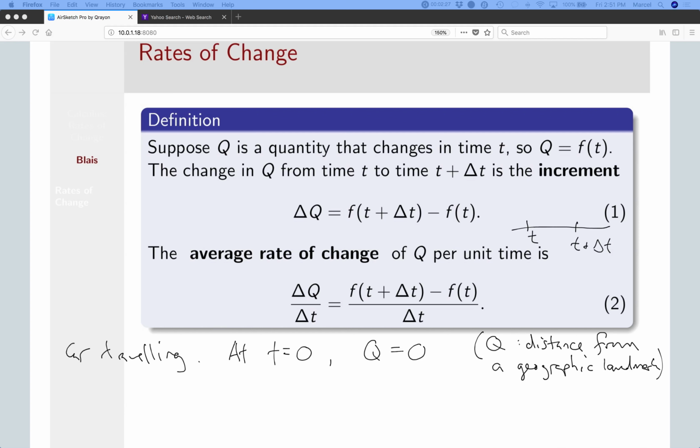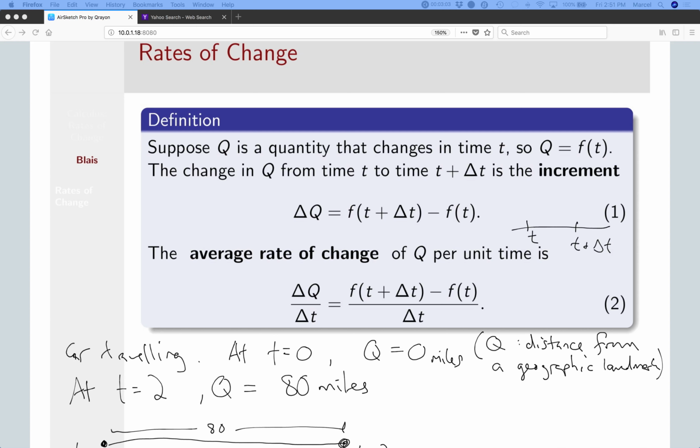So you have a car traveling at time 0, it starts out at the geographic landmark. And then at time, say 2 hours, Q is 80 miles. So suppose we have these in miles. And so this is the idea where a car starts out at a landmark at time 0 and then travels for 2 hours, and the distance Q is 80 miles.